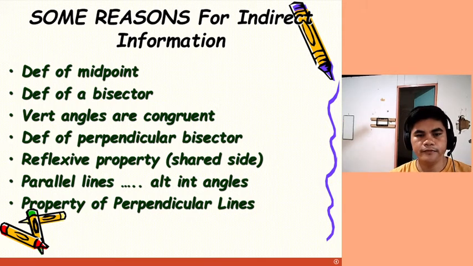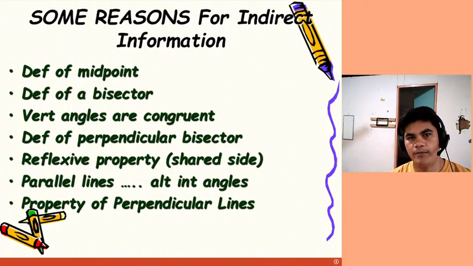Now, definition of a bisector. When we see bisector, from the word itself, bisect, it divides the part into two equal measurements. For example, if I say definition of angle bisector, the angle is divided into two equal angles.